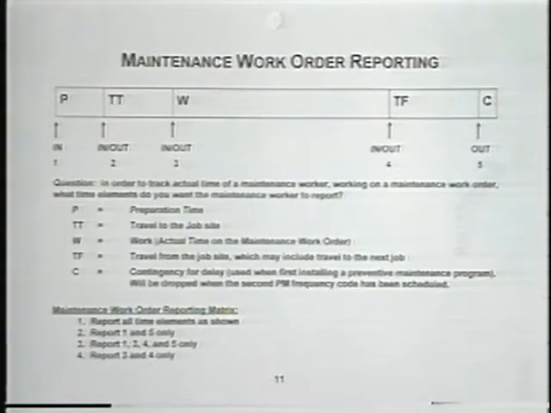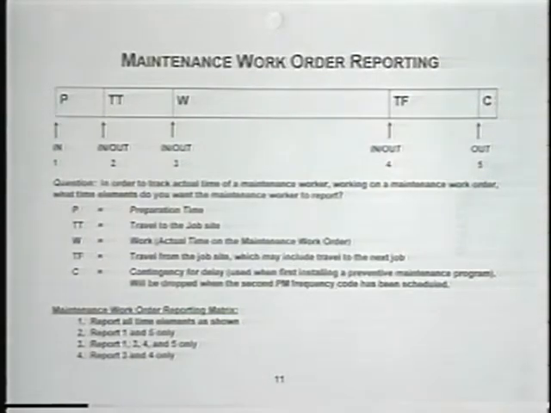So now if you would turn to page number 11, I have developed for you what I call a maintenance work order reporting matrix. The lower left-hand area indicates the type of work order reporting, and that is if I clock in on 1 and I can clock out on, let's say, 5, I would have total time on the job.